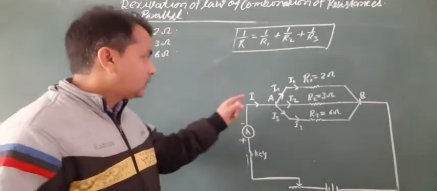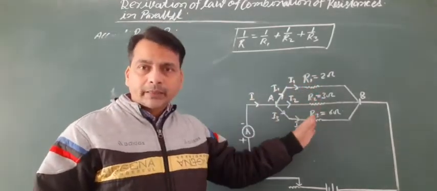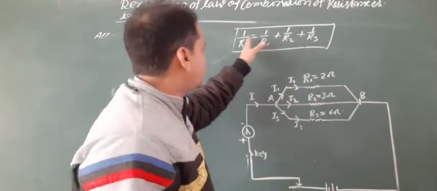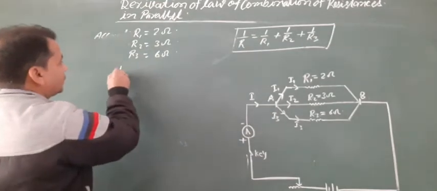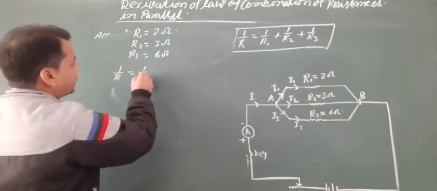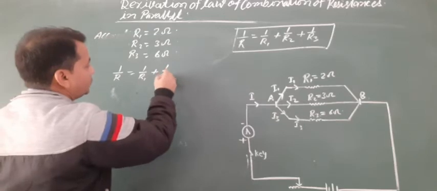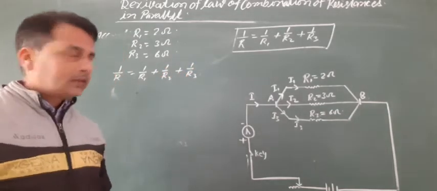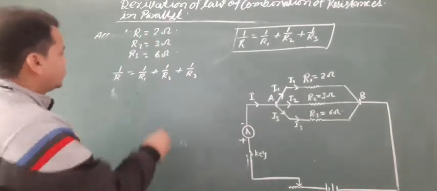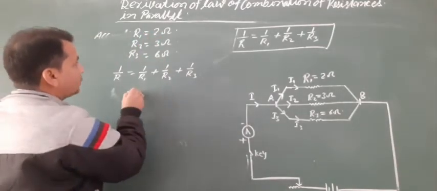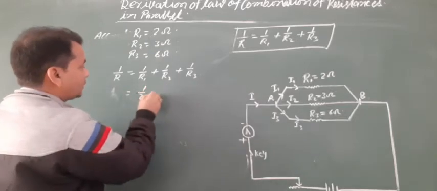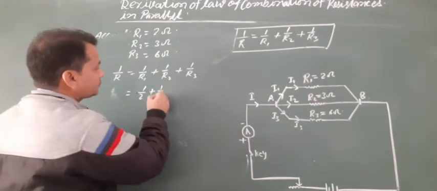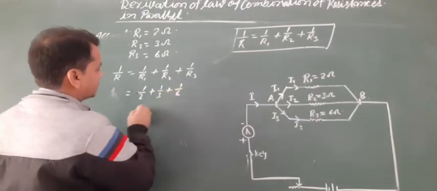So these resistors are used in parallel combination. According to the formula for parallel combination, 1 by R equals 1 by R1 plus 1 by R2 plus 1 by R3. Put the values of R1, R2 and R3 here: 1 by 2 plus 1 by 3 plus 1 by 6.